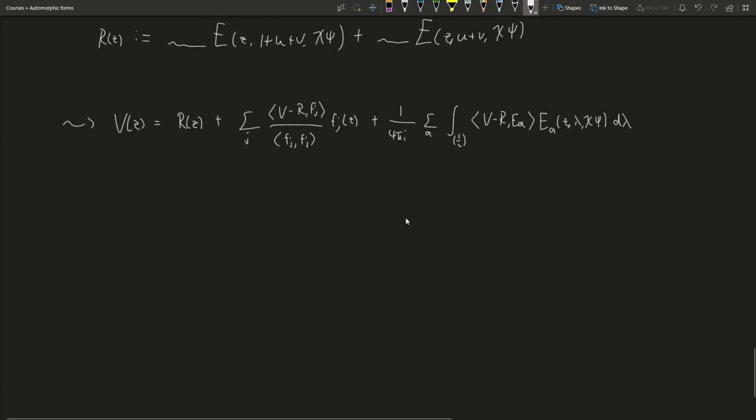So this you can evaluate with automorphic regularization. So that essentially gives the right-hand side of star.